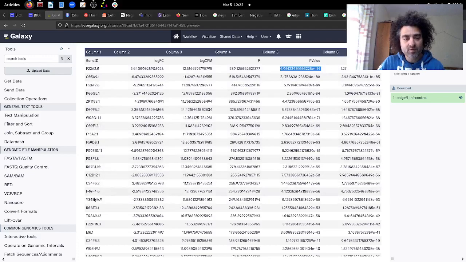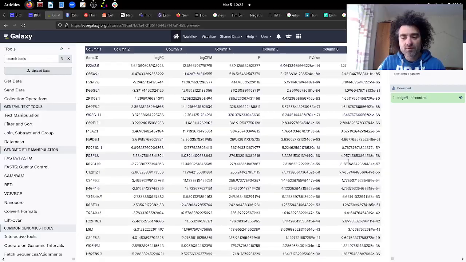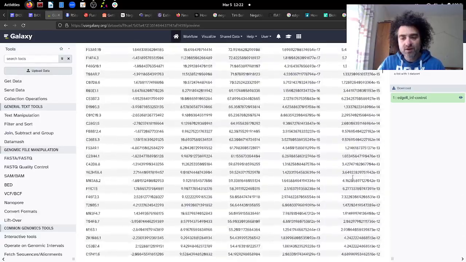And because we compare many genes, they do a correction for this multiple testing. We're going to find the differential expression for many genes, and this results in a corrected p-value, and this is the last column here. So usually when we want to assess which genes are differentially expressed, we go to the last column and we get all genes that have a lower p-value than a certain threshold, usually 0.05. So all these genes here are differentially expressed.